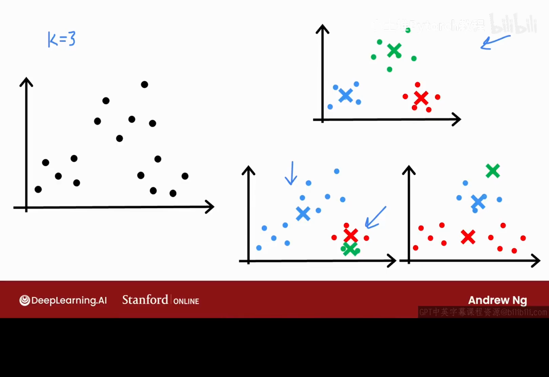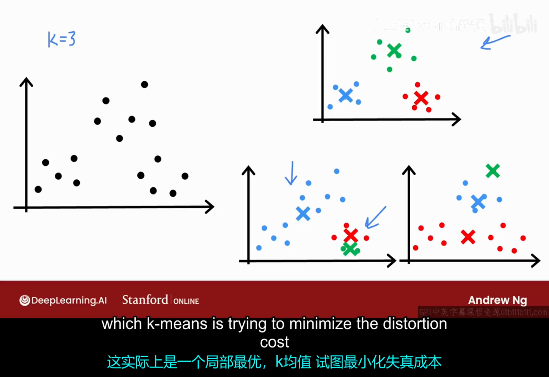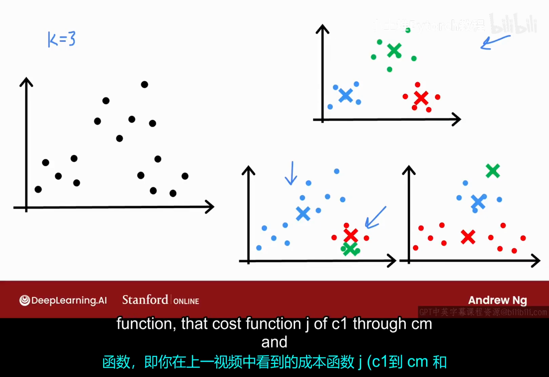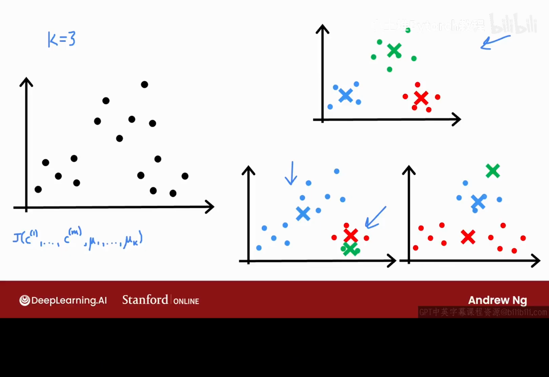And this turns out to be a local optima, in which k-means is trying to minimize the distortion cost function, that cost function J of c1 through cm and mu1 through mu-k that you saw in the last video.